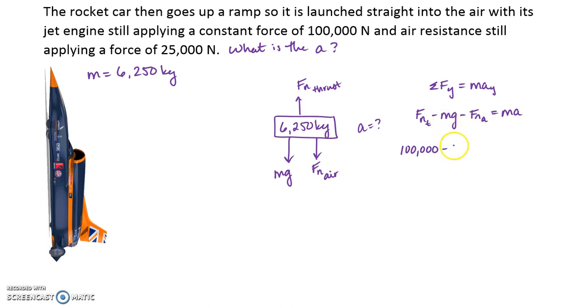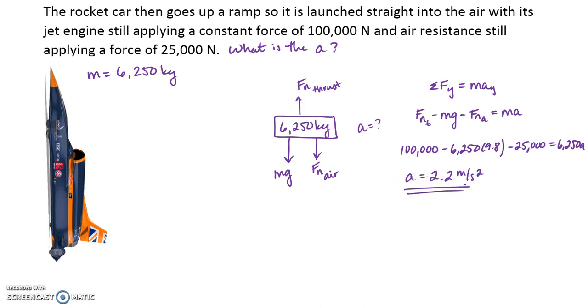Gravity is mg, so 6,250 times 9.8, minus that 25,000 by the air resistance equals 6,250a. So now I just got to solve for a. So let's do some algebra. All right, so a equals, survey says, 2.2 meters per second squared.